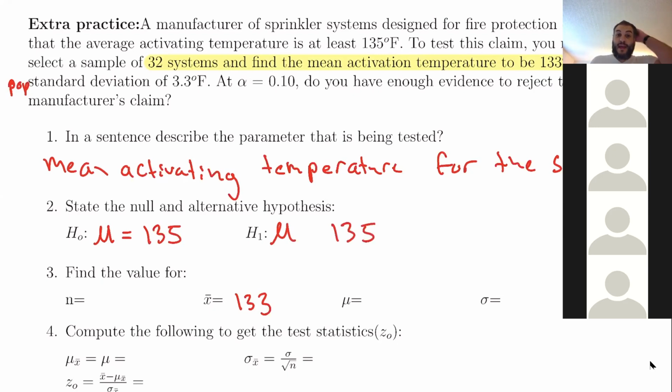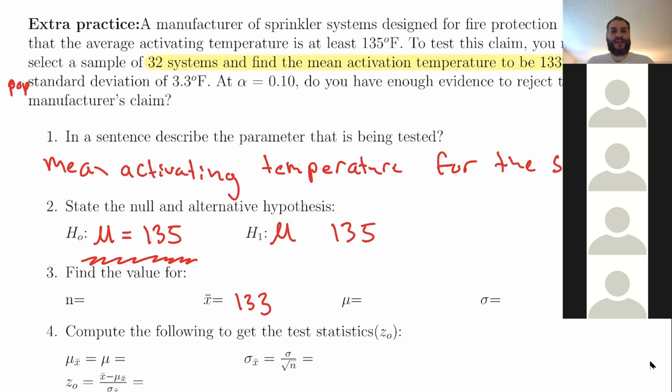So the mean activating temperature should be 135 or higher. So the null hypothesis is going to be that we trust the company, and we say it is 135 or higher than 135. That's saying we trust the sprinkler system, that it actually goes off after 135 degrees Fahrenheit.